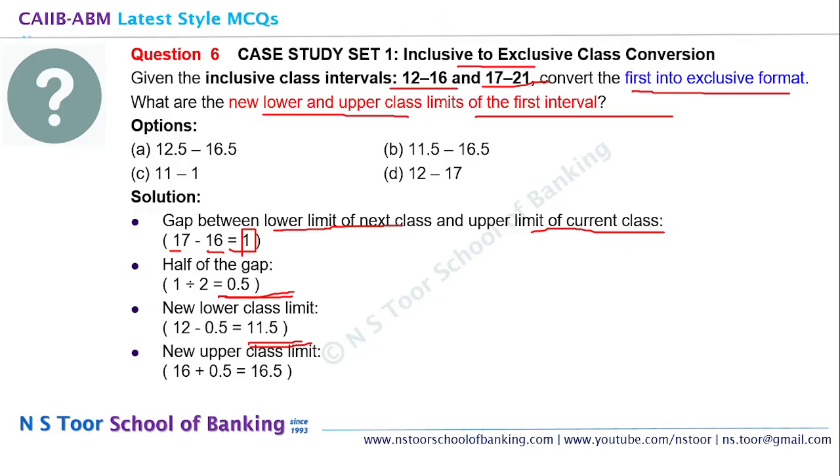For the upper class limit, you have to add half of the gap, that is 16 plus 0.5 will be 16.5. So what is my new lower and upper class limit for the first interval? It will be 11.5 to 16.5. That will be my answer. So B is the correct answer for our question.